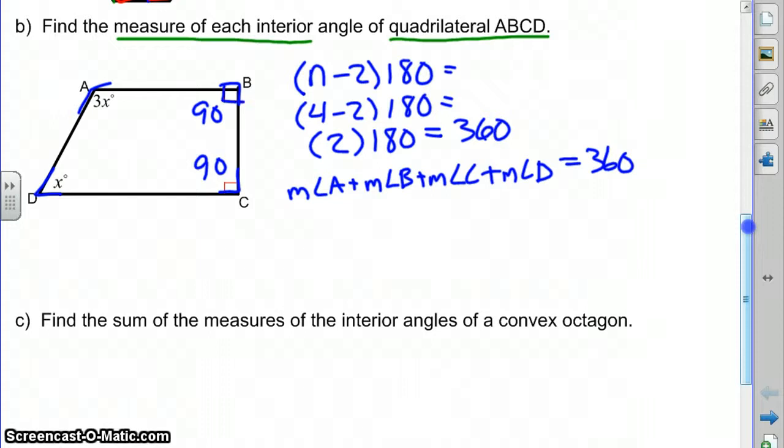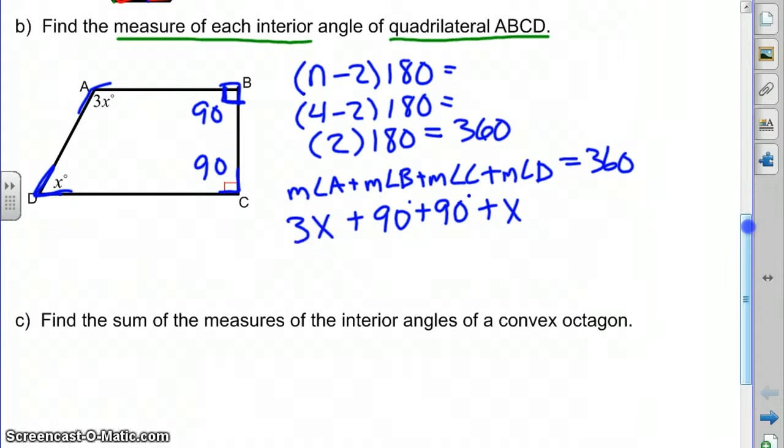They've told me with my right angle mark. So I know that angle B is 90 degrees, angle C is 90 degrees. I also know that angle D is x degrees, and I know that angle A is 3 times x degrees. All of those are equal to 360 when I add them up.